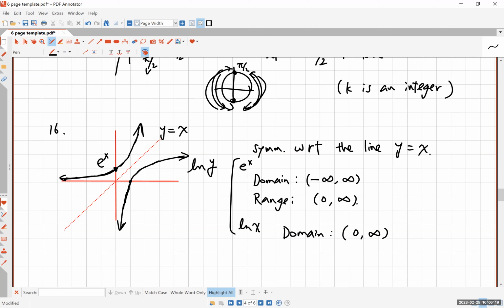See that the ln of x is only defined for positive numbers, and then the range, the y values, goes to negative infinity, and it slowly goes to positive infinity. So that's the set of all real numbers. That's the range of the natural log of x.